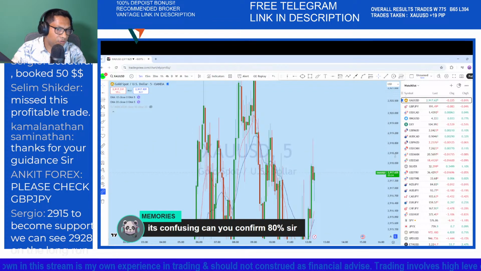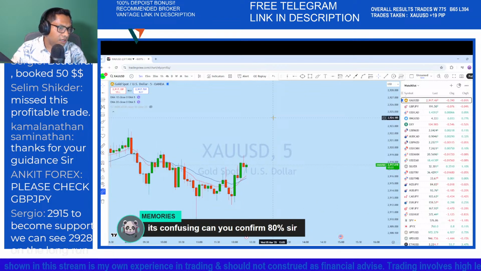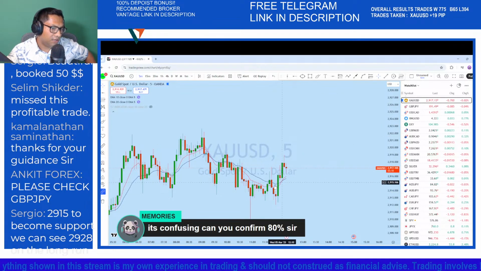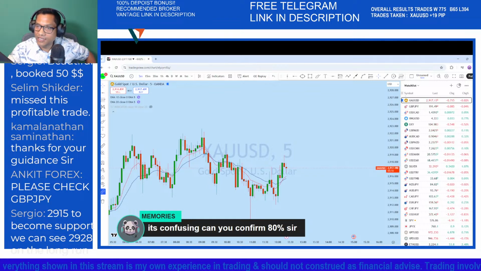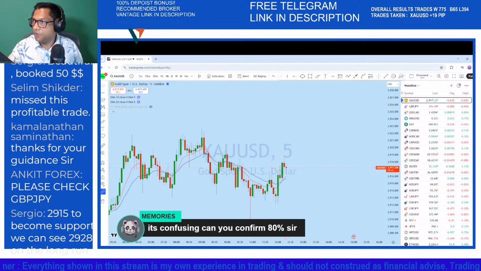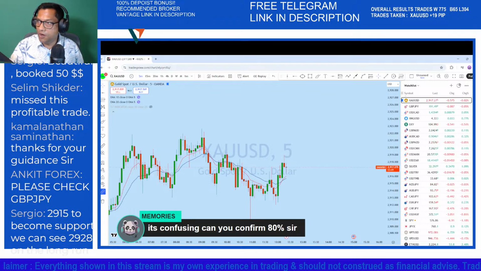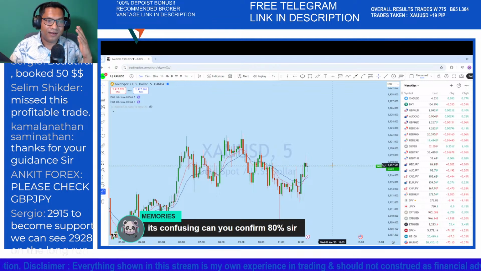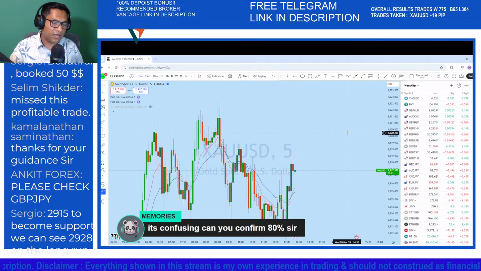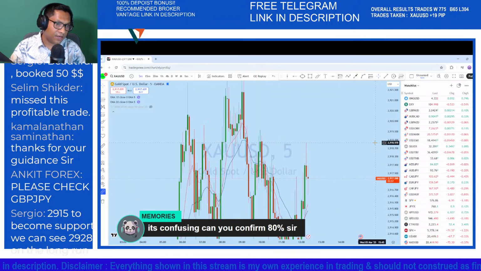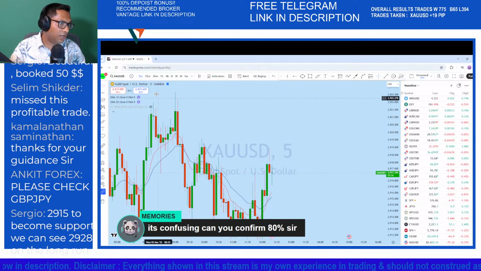On the 5 minutes, this is where we can see it's not a very nice trend; I wouldn't say that XAUUSD is trending very nicely. We need to wait to see the market show a clean trend before we look for that entry. So we need to see the market trending cleanly, and then we will be looking into that trade.